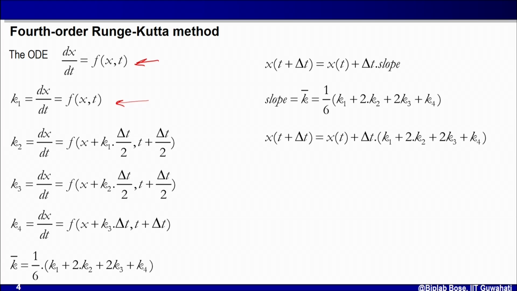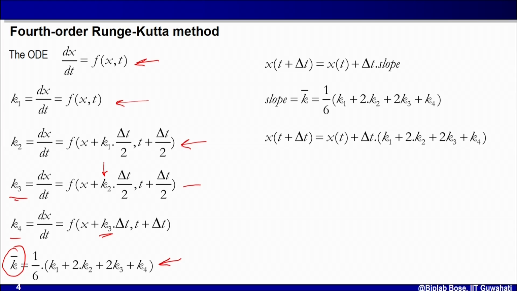Then using that slope I calculate a new slope k2, which is a function of x plus k1 delta t by 2, that is the halfway of your increment, and t plus delta t by 2. That way I use k2 to calculate k3, and then I use k3 to calculate k4, four slopes. Then I make a weighted average of these four slopes k1, k2, k3 and k4 to get a mean value of k, that is k bar.